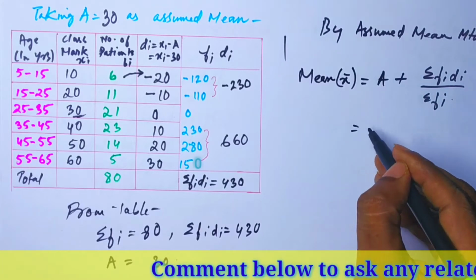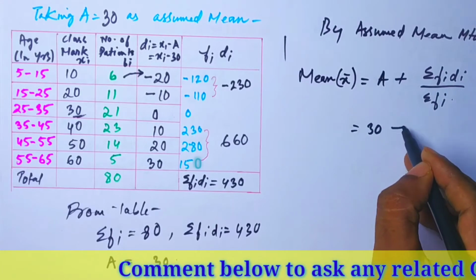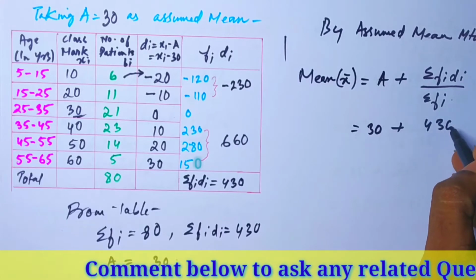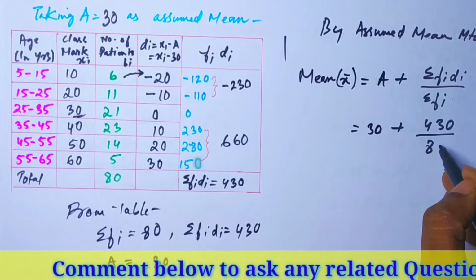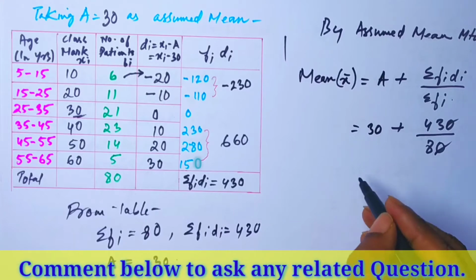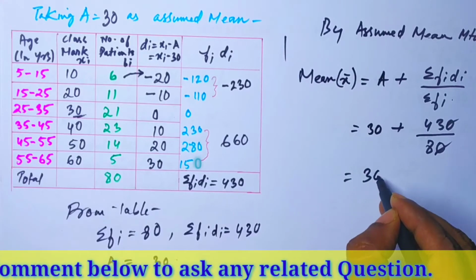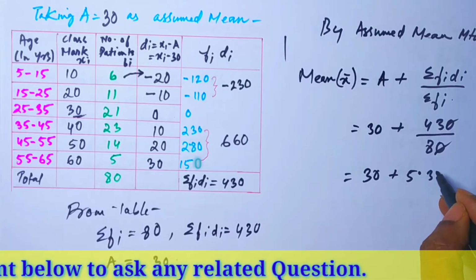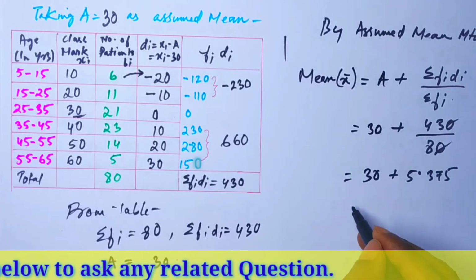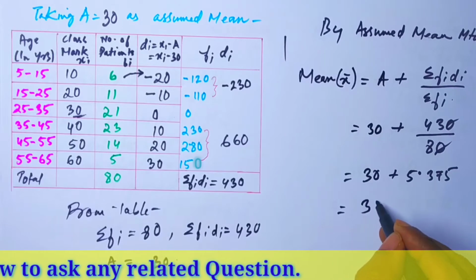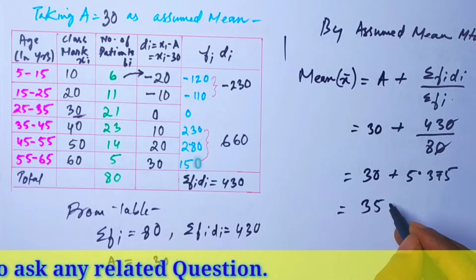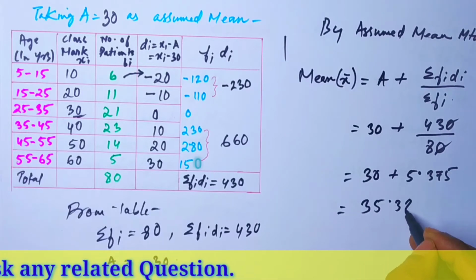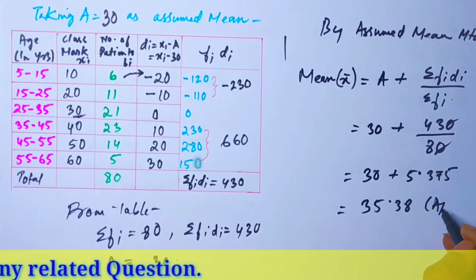So we put the values: 30 plus 430 by 80, cancel this 0, get 30 plus, after dividing we get 5.375, or it is 35.38 approximately.